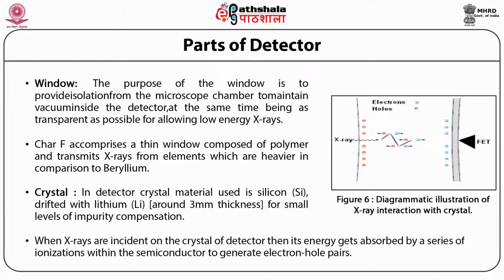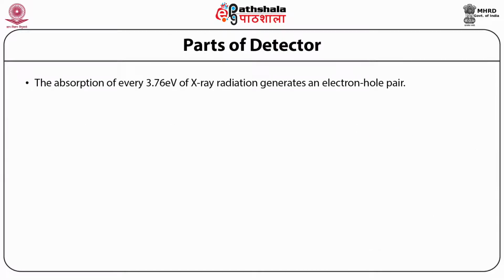When X-rays are incident on the crystal of the detector, its energy gets absorbed by a series of ionizations within the semiconductor to generate electron-hole pairs. The absorption of every 3.76 electron volt of X-ray radiation generates an electron-hole pair.